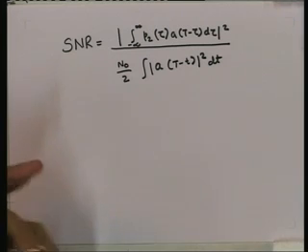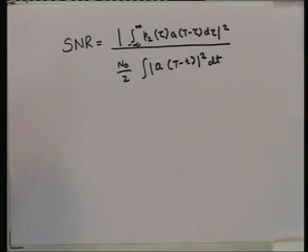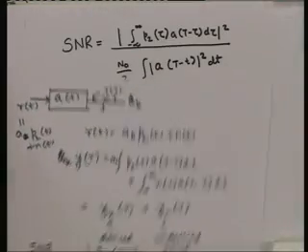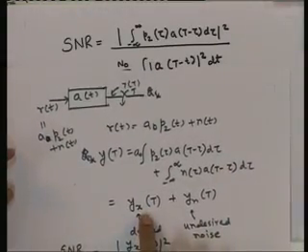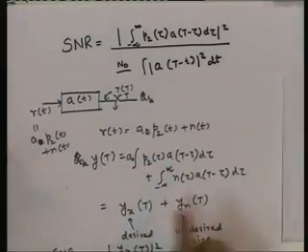Where have we got this from? This is basically this y(t). We have seen that this signal part is this. So, we can neglect this.